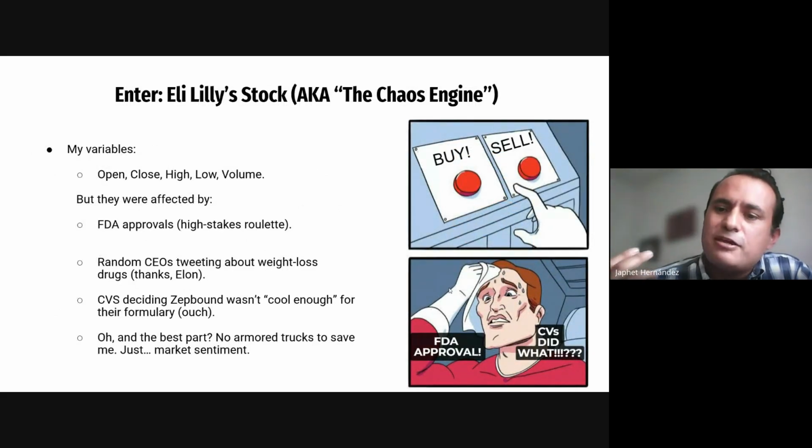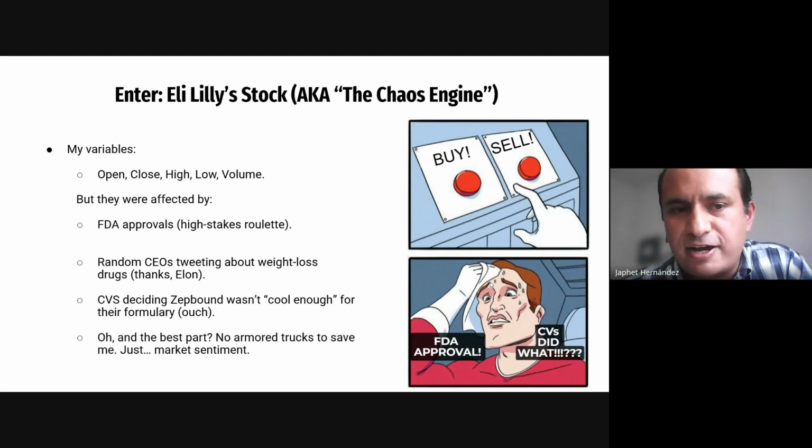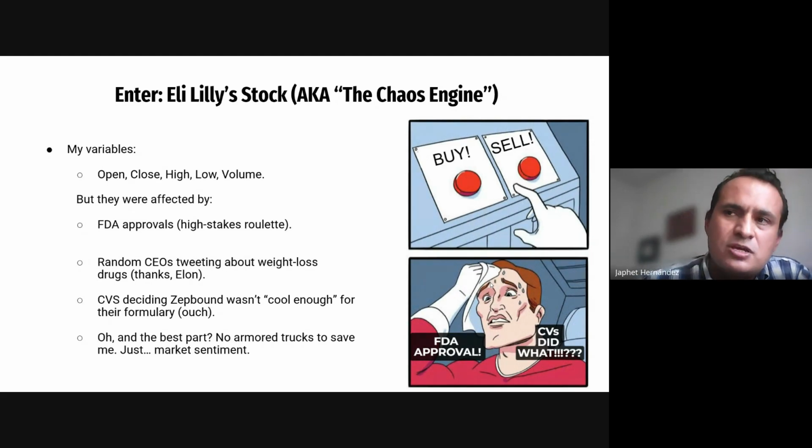However, then we got to predict some companies, in this case, Eli Lilly's stock. And we can call that AKA the chaos machine. So the variables that we managed in this project are open price, close price, high price, low price, and volume of transactions. But those variables were also affected by FDA approvals that we learned about in the newspapers.